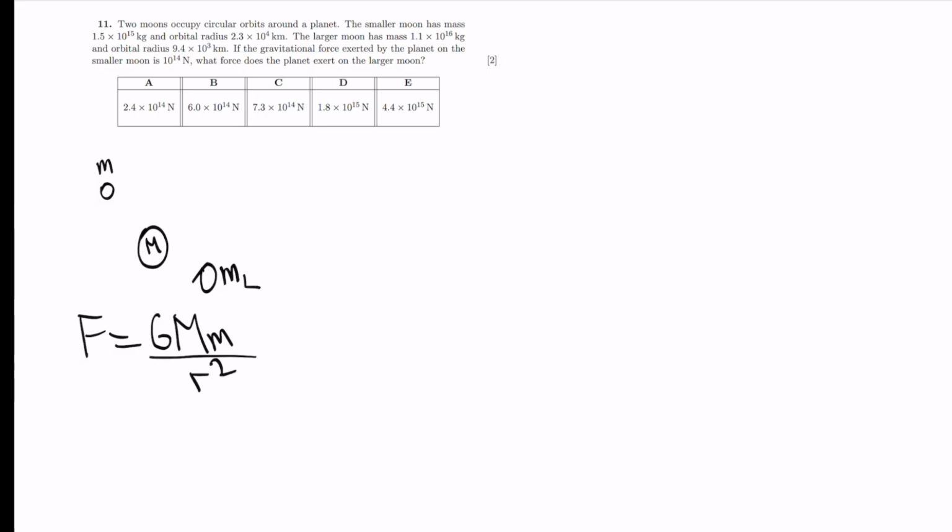This is just Newton's law of universal gravitational attraction. So for the larger moon, the equation will be pretty similar. So F_L will be given by GM multiplied by m subscript L. This is a subscript, not multiplied by L, divided by R, and then let's give the R a subscript as well. So R subscript L squared is just the orbital distance of the larger moon.